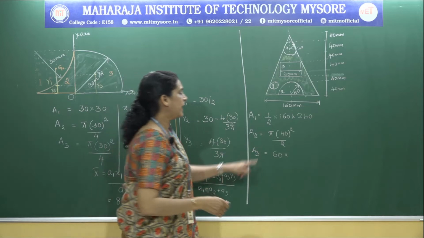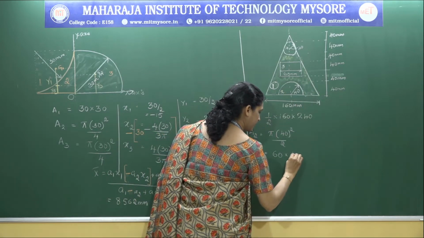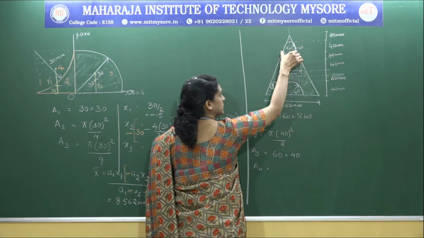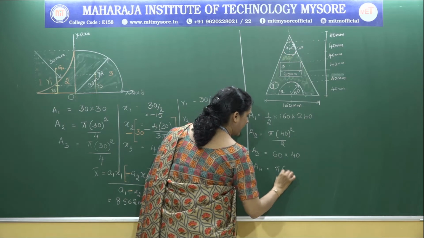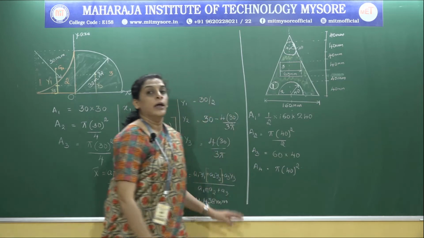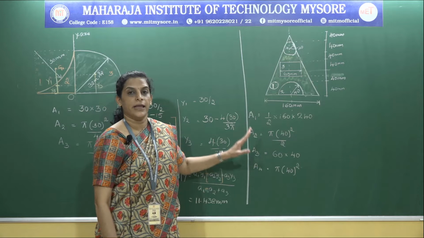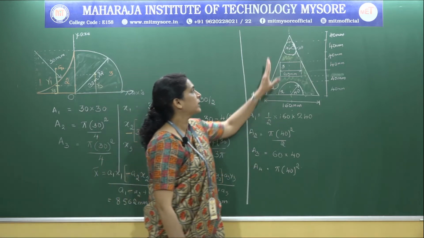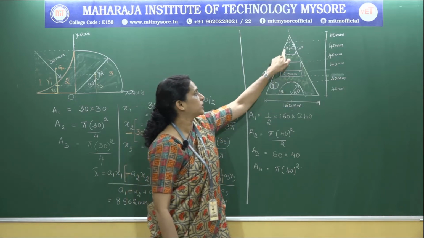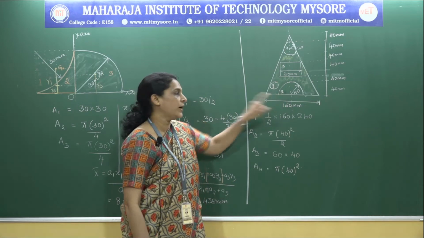So now the area of the rectangle is 60 by 40. Lastly, area of the circle is pi r square. We will have to make sure that we are prefixing negative sign for the unshaded basic shapes, that is for the circle, the rectangle and the semicircle. Fine.